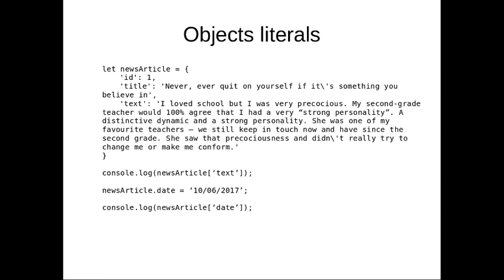So we could do student, and then brackets, name. And we can also do student dot name. So in JavaScript, you get attributes from an object in this way as well.